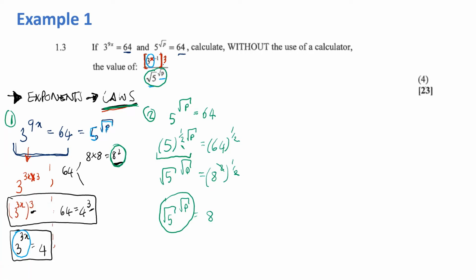It's a little bit of a pain. I have to deal with what's going on here. So I'm going to revisit this over here. 3 to the power of 3x. I'm going to say that that is also written as 3 to the power of x to the power of 3.